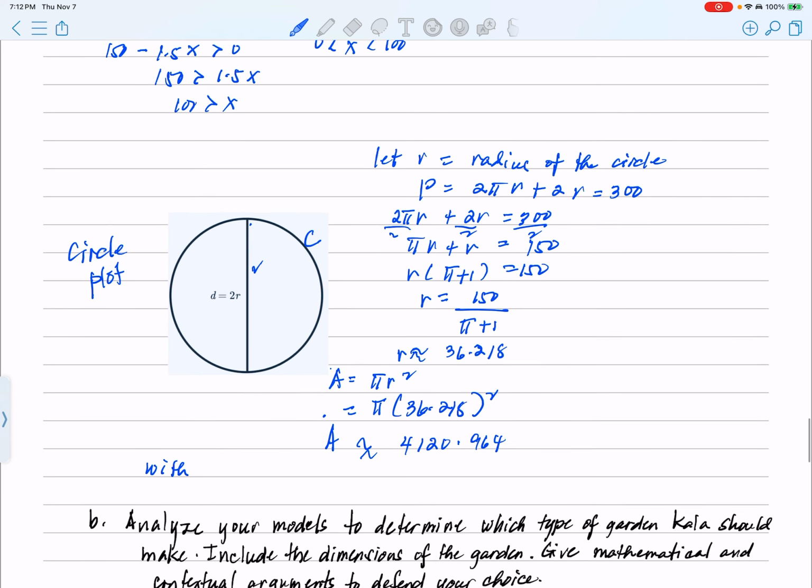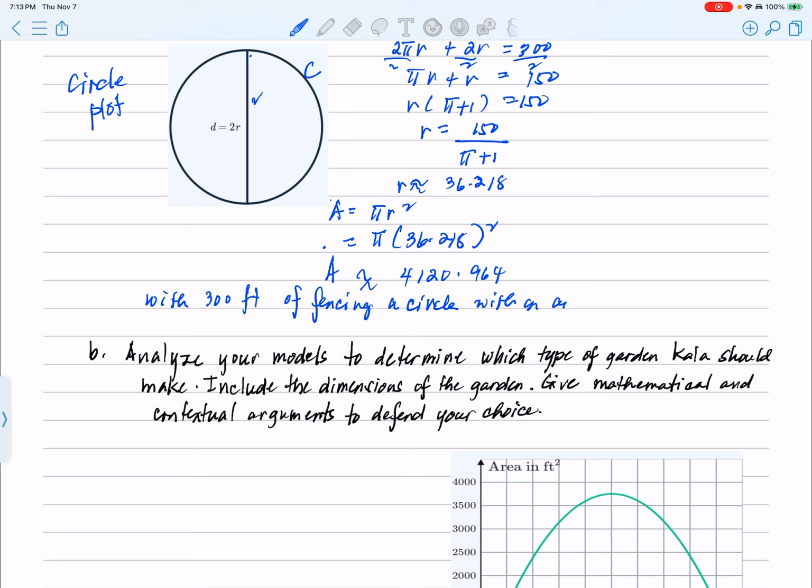So with 300 feet of fencing, a circle with an area of 4,120.964 feet squared can be constructed.